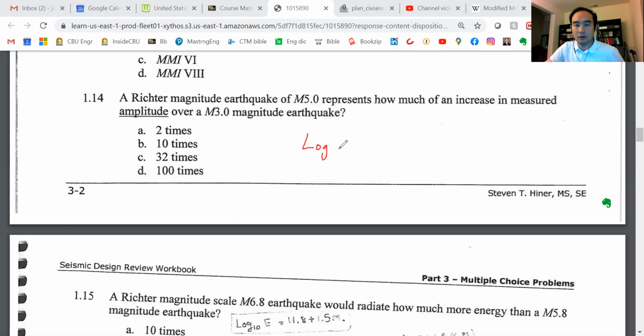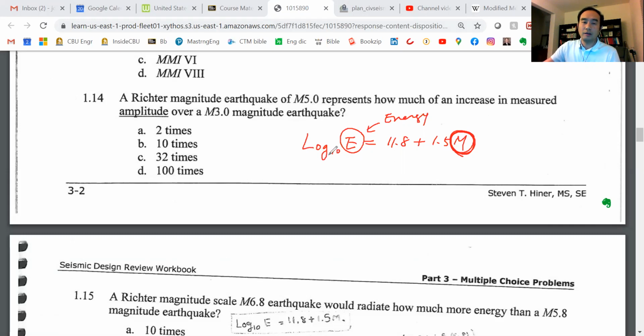So log of E and the base is 10 is equal to 11.8 plus 1.5 m. So this E is the energy associated with this earthquake, and you just need to solve it for m. So this is going to be the magnitude.